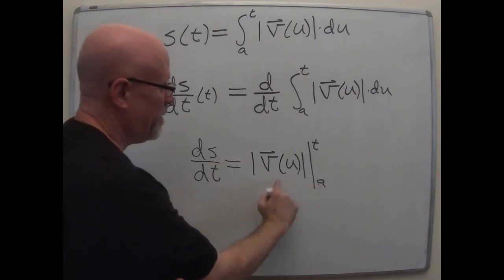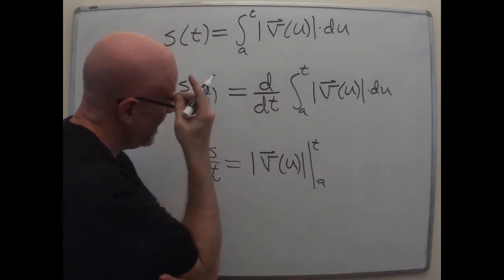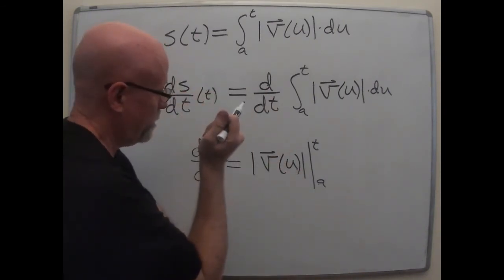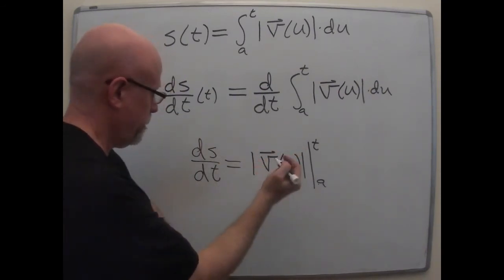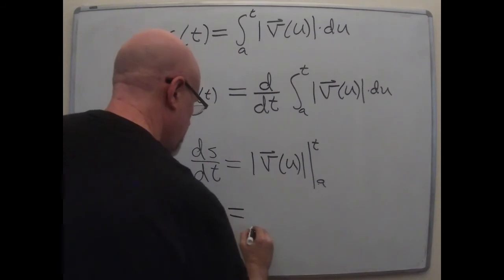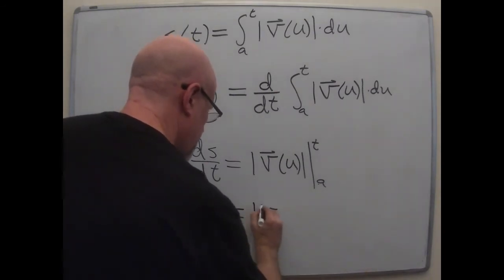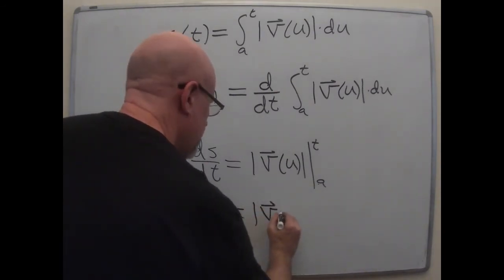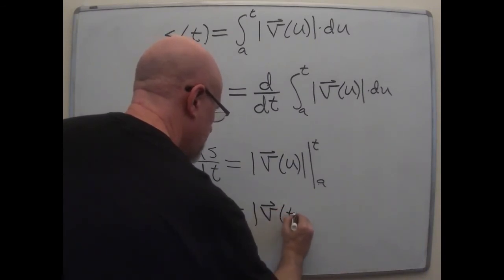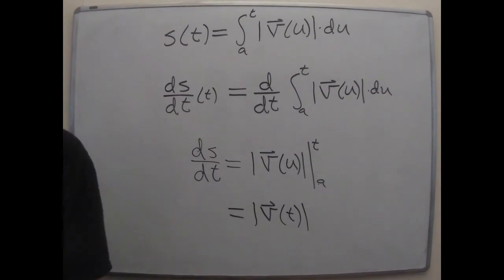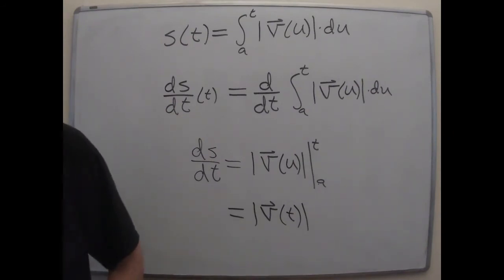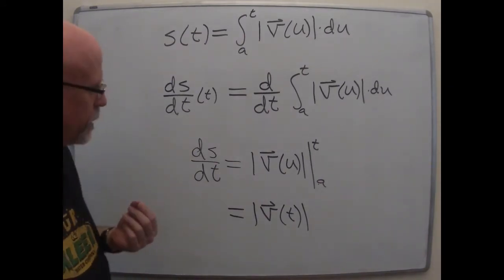So the value of this thing at 0 is 0. And the value at t is the length of the vector v of t. I feel a little wonky about that, but the arc length at A is by definition 0. A was our initial point.